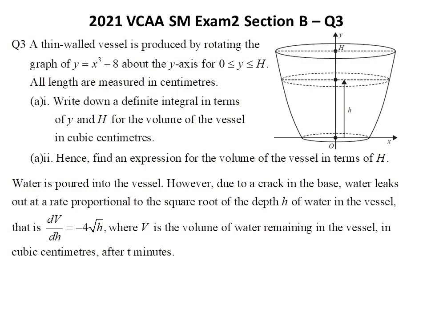That is, dV/dt equals -4 square root of h, where V is the volume of water remaining in the vessel in cubic centimeters after t minutes. So, section 1 is to show dh/dt equals -4 square root of h over the product of pi and (h plus 8) to the power of 2/3.